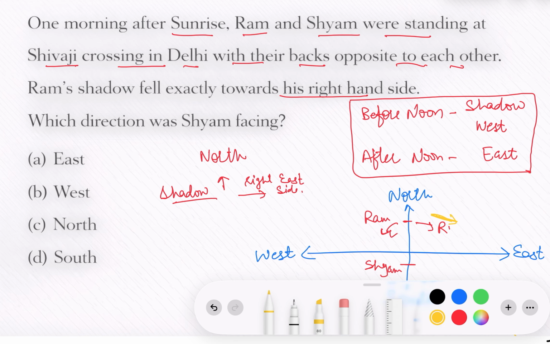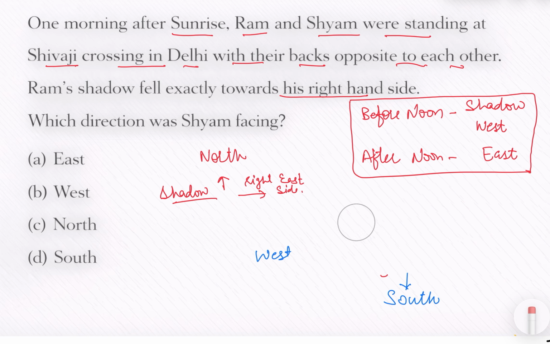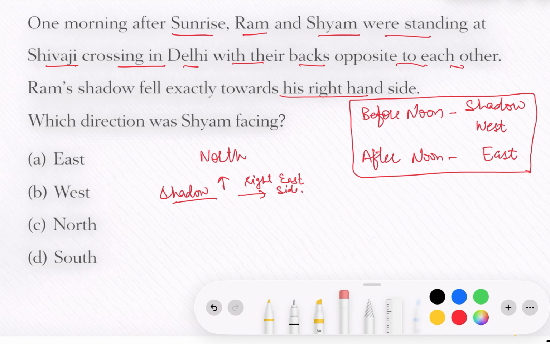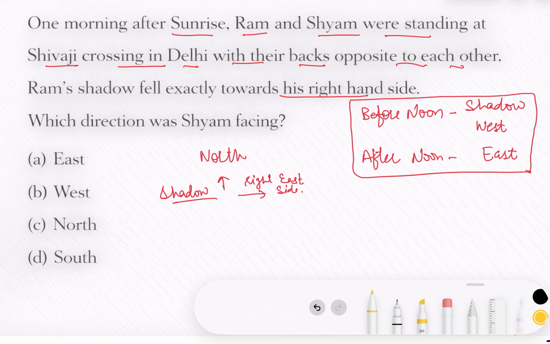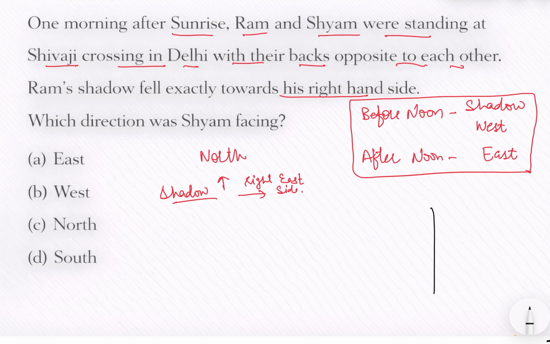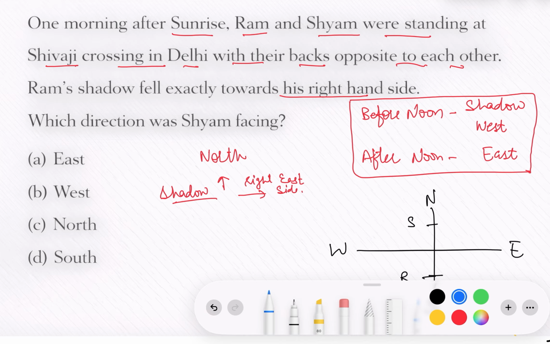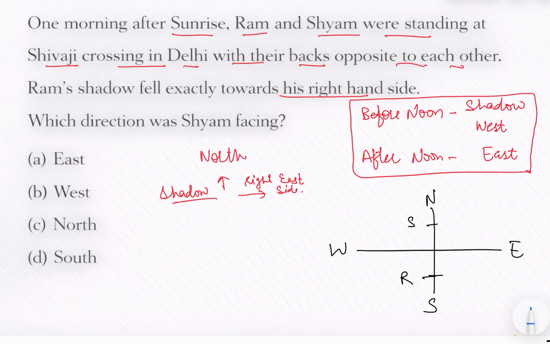Second possibility we have is Shyam is facing north and Ram is facing south. If Ram is facing south, then the left side of Ram will be this and the right side of Ram is toward the west, and before noon the shadow will fall on the west.